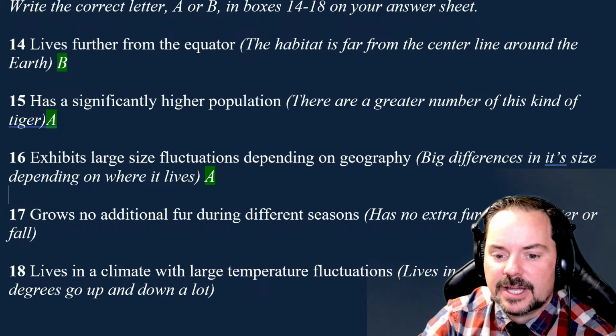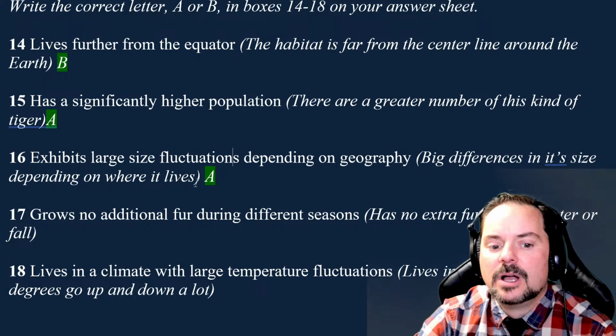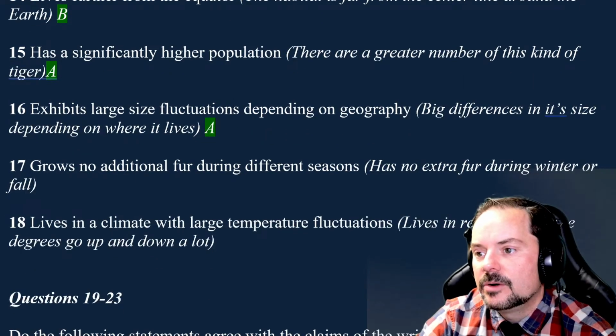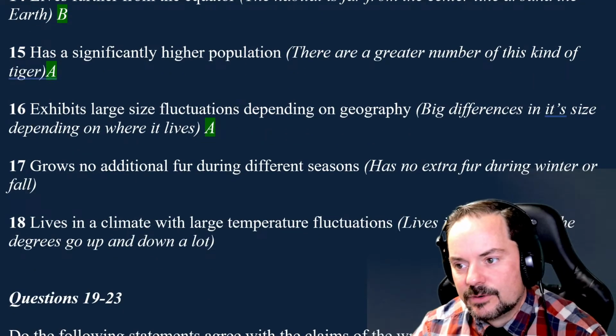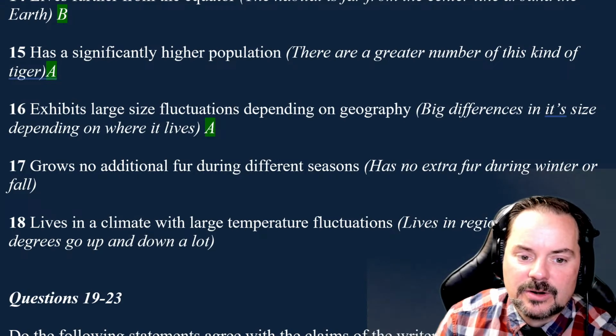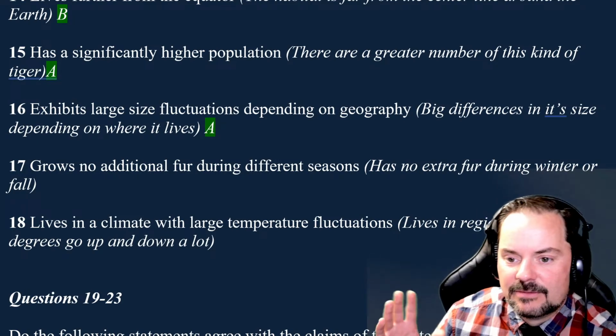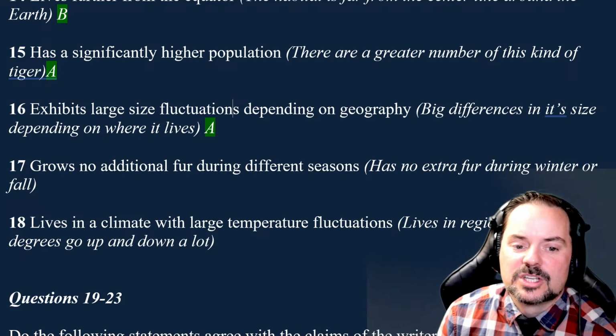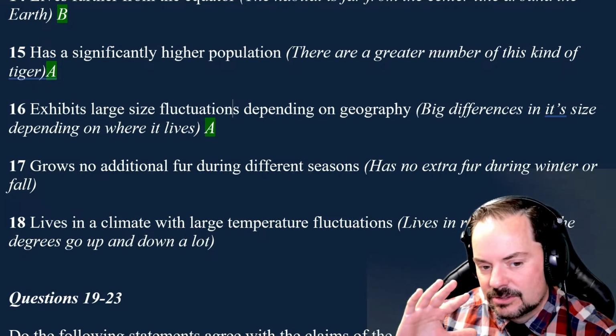In the Bengal tiger, north versus south. But you're right. If we're doing a university biology or taxonomy exam, we might have more specific questions like this. But for this, Anahita, you're doing great.